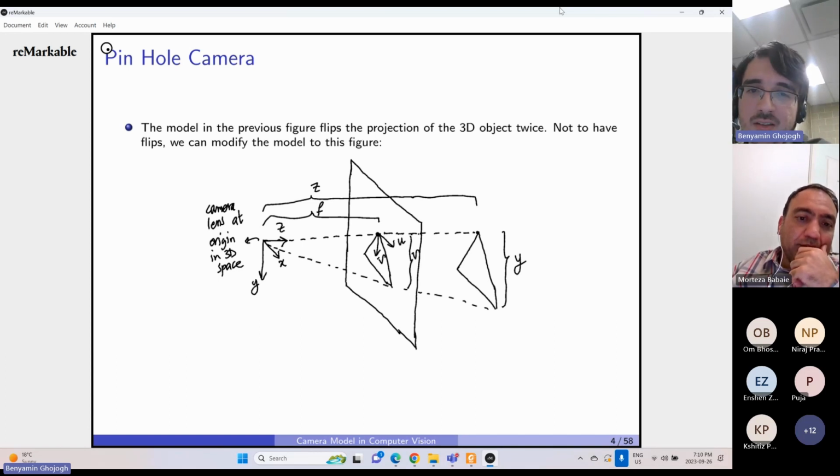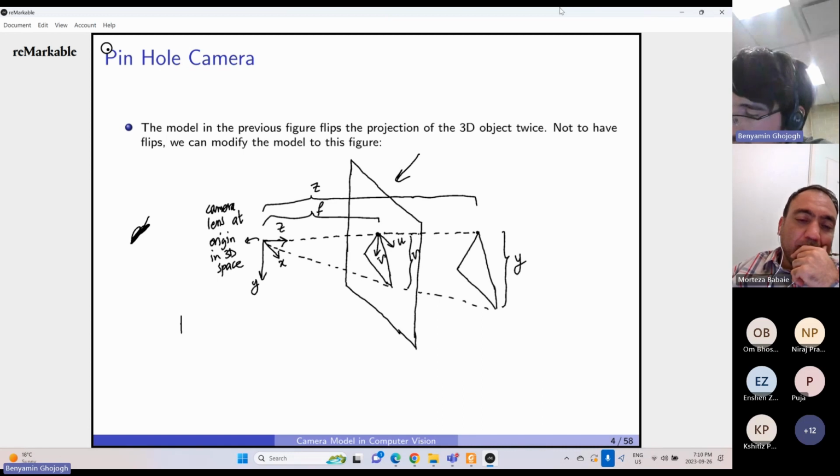If we do that, then the image will not need to be flipped twice to be projected onto the image plane. For example, consider this 3D object, and this is the lens of the camera. So I have brought the frame from here to here.